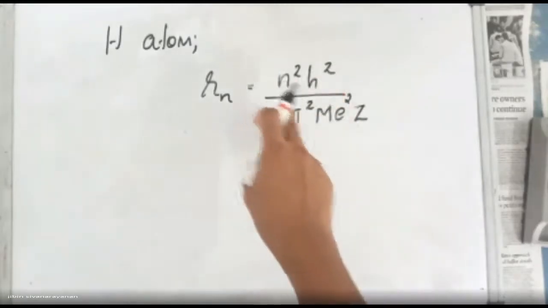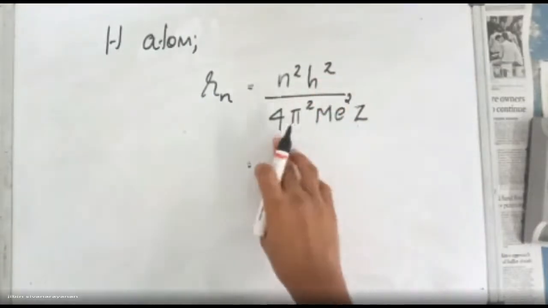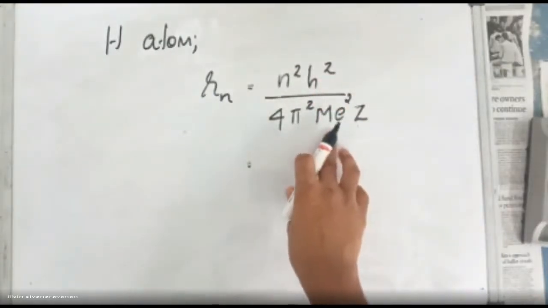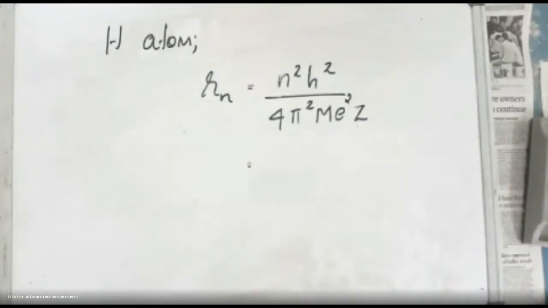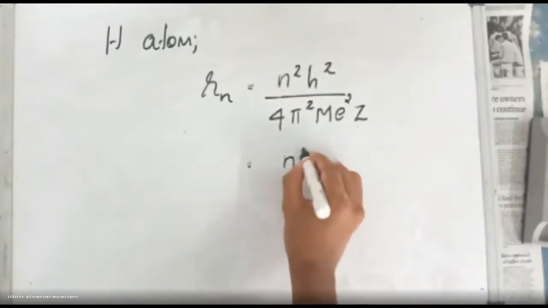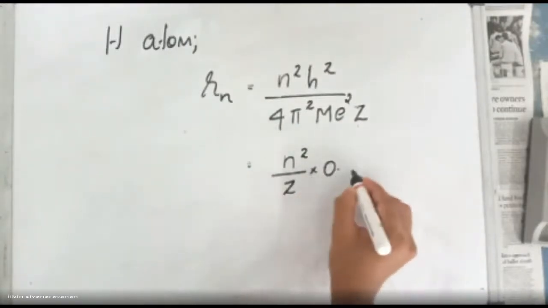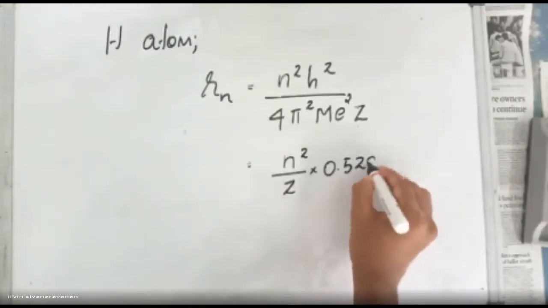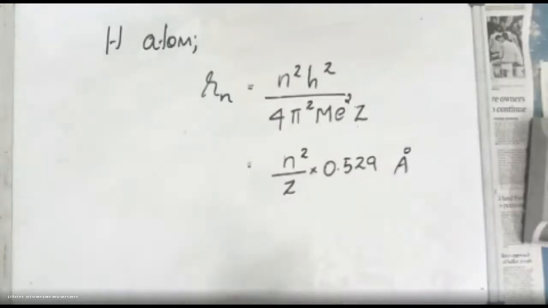Apart from n and z, all others are constants. h is Planck's constant, m is the mass of the electron, and e is the charge of the electron. Solving all those, we get n square by z into 0.529, in angstrom.